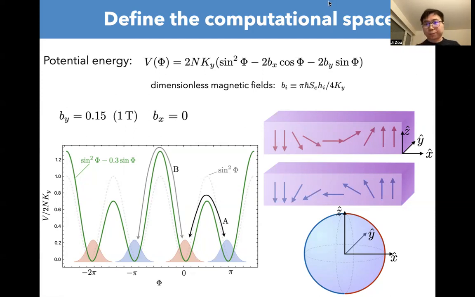Of course, when phi equal to minus pi, it is also a negative chirality state, right? And this positive chirality state can tunnel to this negative chirality state, for example, through this barrier, process A, at phi equal to pi over 2.